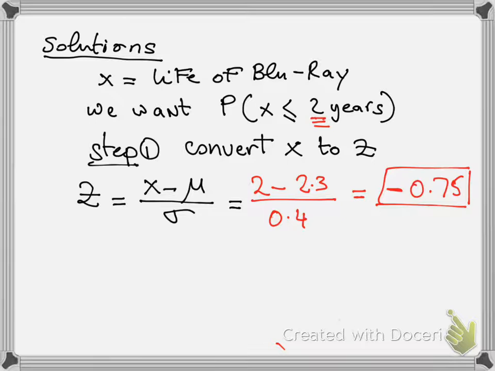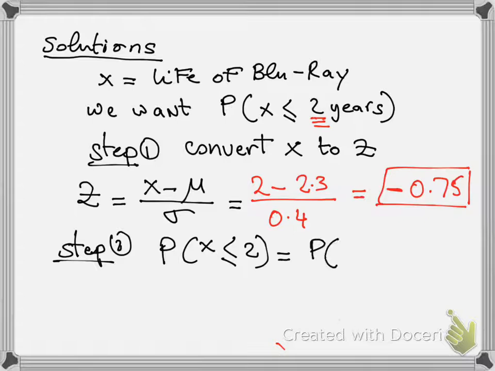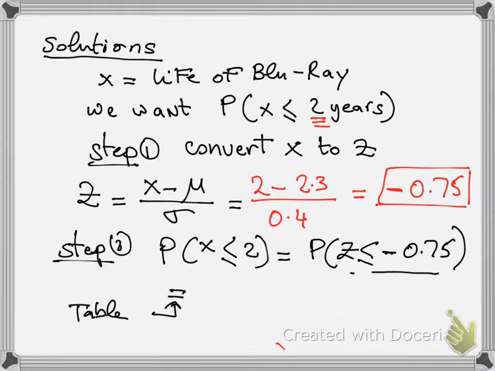Now we want the probability, so step 2. We want the probability that x is less than 2. Since x is 2, the corresponding z is negative 0.75, so that's the probability that z is less or equal to negative 0.75. So now we check the table.